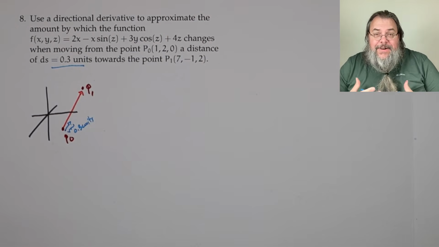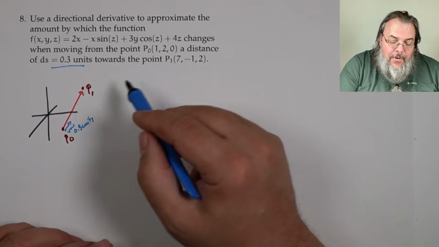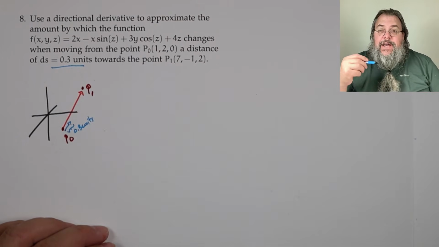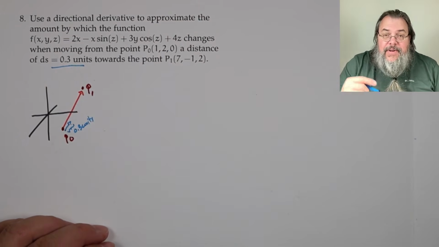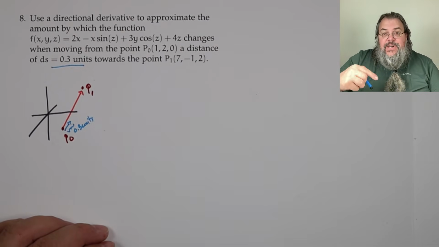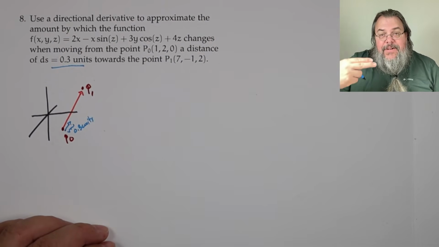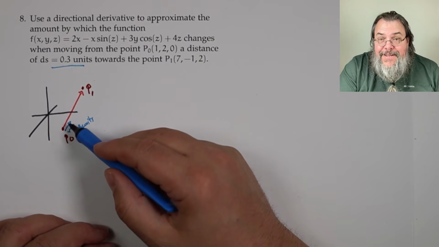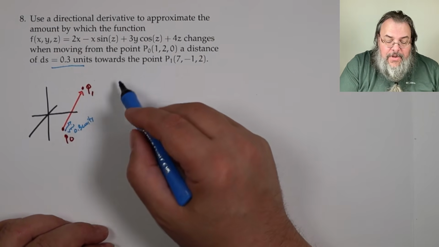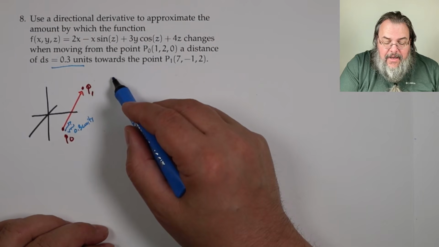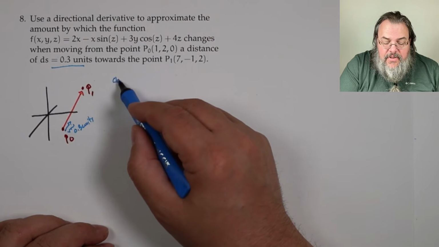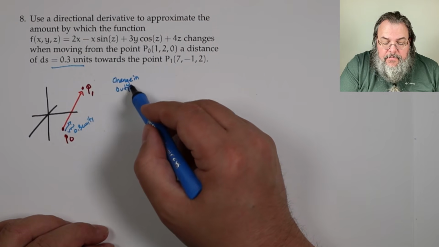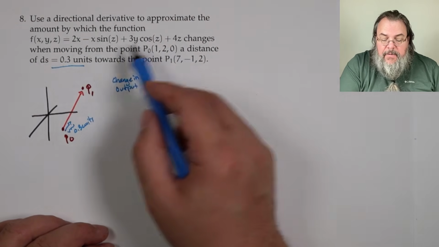Now, how do we get our answer? Well, the derivative is the rate of change. The ds is how much we've changed our input by. So what we're going to get is that our change in output, which is really what we're after, we're approximating the amount by which the function changes.